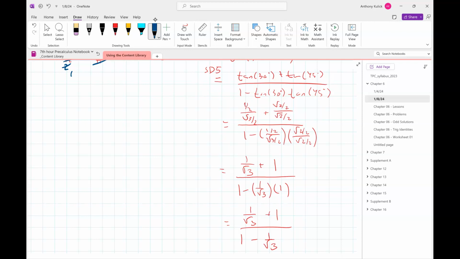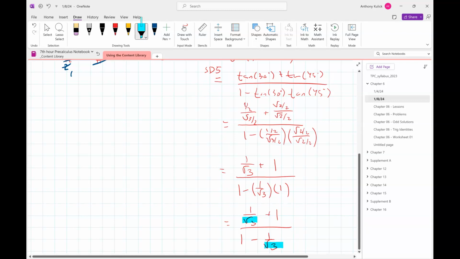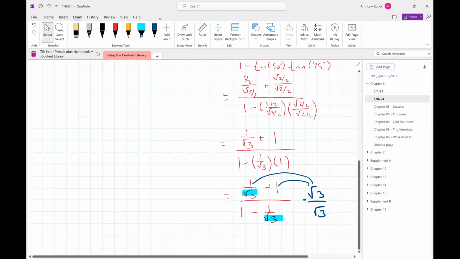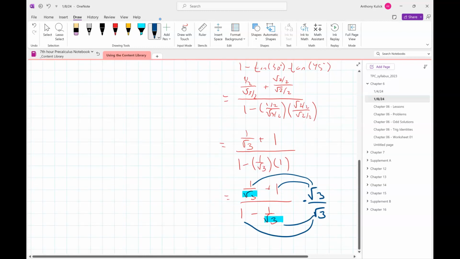So to do that, I'm going to look at the denominator of the little fractions. They're both the same denominator. They're both square root 3. So I'm going to multiply the top and bottom of my fraction by that square root 3, and just distribute that through.